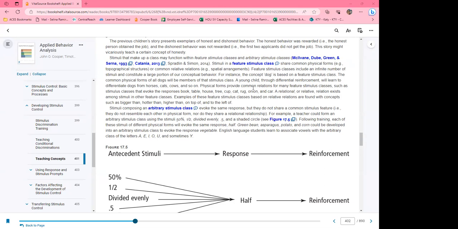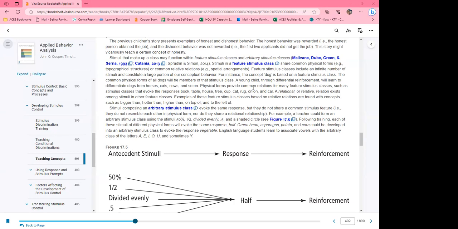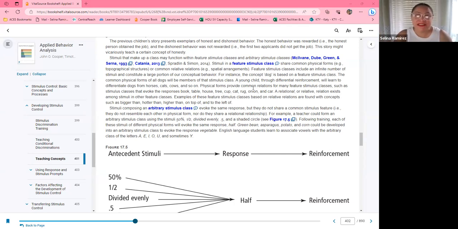Would apples be a feature stimulus class, in the sense that you have green, yellow, red, and maybe some that are reddish green? Yeah, that's a good one. Especially for apple snobs like me, I'm a Pink Lady type of girl, but they're all different, right? But they're all apples.